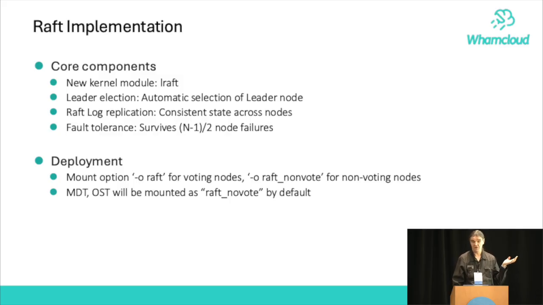The log replication also gives us strong guarantees that whatever gets in there, once it's committed, is not going anywhere. You'd also have the ability to have non-voting nodes. And your HA stack will determine which targets are more important and which are less important.